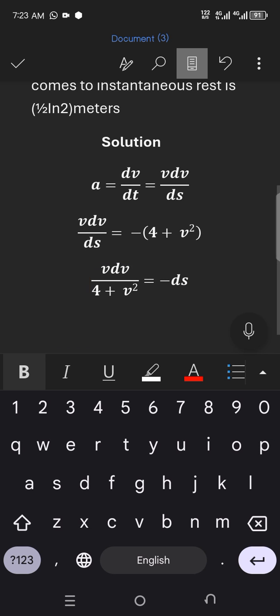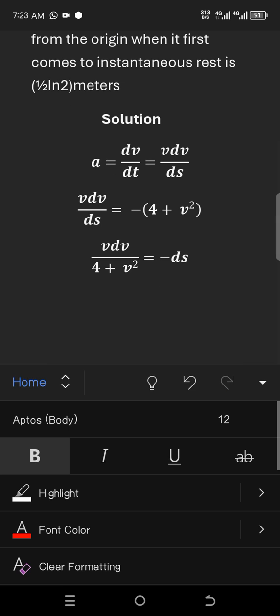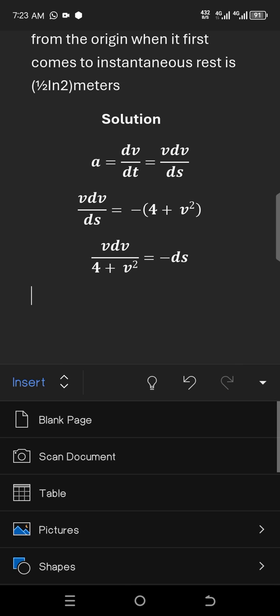Now the next thing to do is integrate both sides because I've separated my variables.